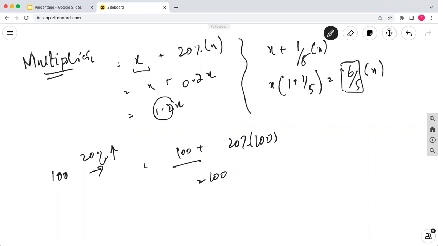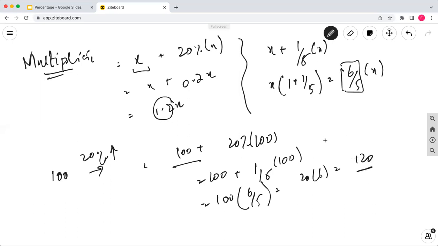That will be 100 plus 1/5 of 100. Just take 100 common, and the rest is 6/5, and this is 20 into 6, which is 120, right? And the question could be asked in inverse: what is the number when you add 20% to it and the result is 120? You can do that for that case as well.